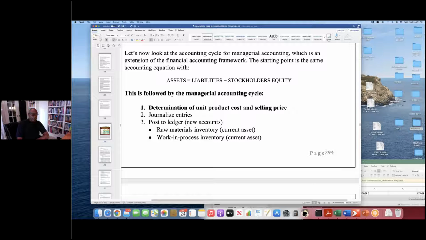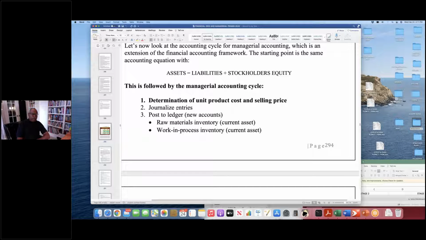But this week we're focusing on part one of that cycle, determining unit product cost and selling price. So that's a starting point, and you have to understand this because the information calculated here must be correct as it's reflected in the journal entries that we make, which will be the next thing we'll look at.